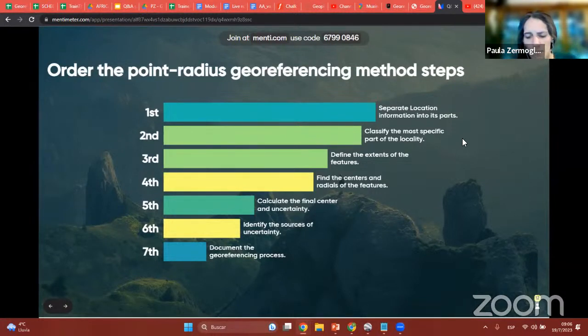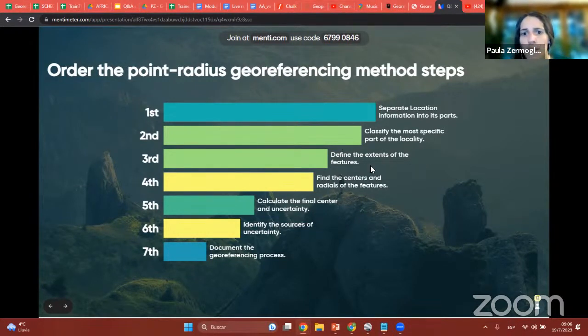But if we have good coordinates with a reasonable precision, that is always the most specific part of the locality. And so we should go for the coordinates only type. If we don't have coordinates only, if we have any of the other types, we will have to look for those features and define the extent of those features.